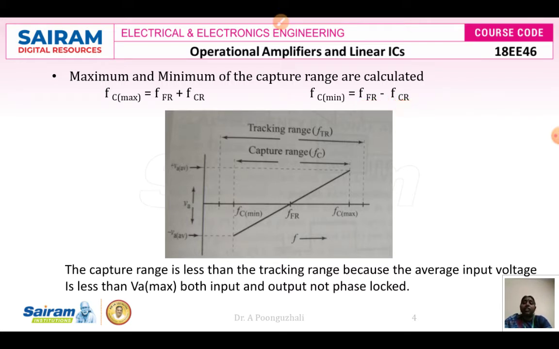The capture range is always less than the tracking range, because the average input voltage is less than the maximum amplifier voltage, that is, when both input and output are not phase locked.